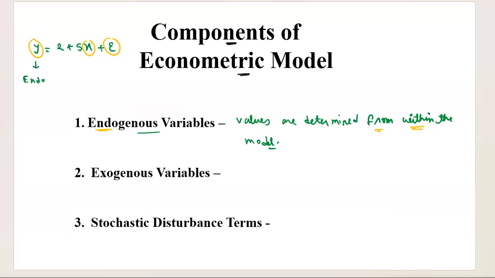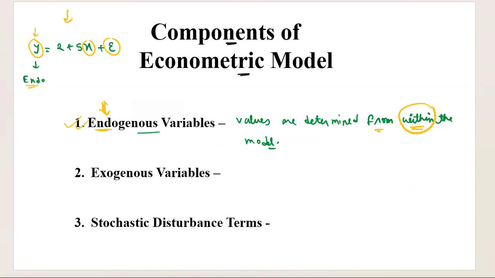The values of the variables which are determined from within the model are called endogenous variables. In our case, y is the endogenous variable, because the model is formed just to determine the value of y, to estimate it, to find the predicted or forecasted value of y. So our main aim is to find the value of the endogenous variable. This is one of the components of an econometric model.